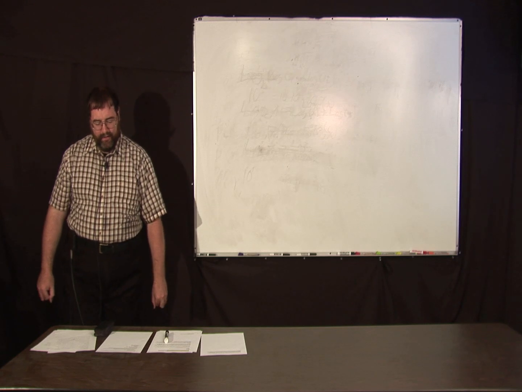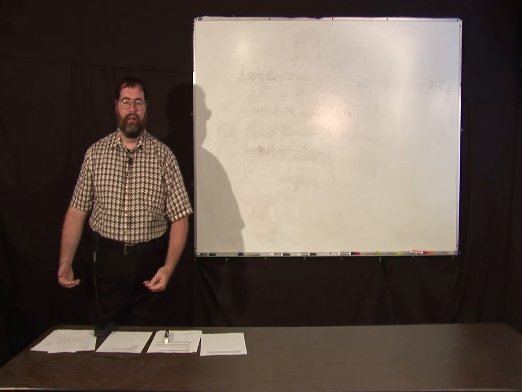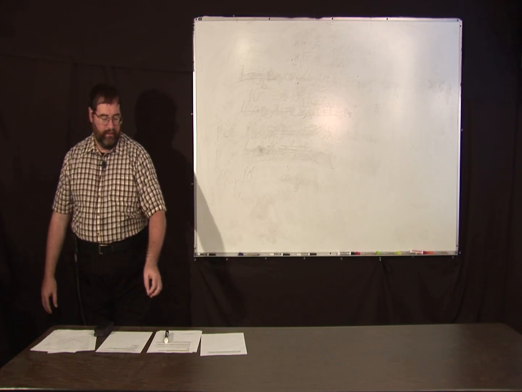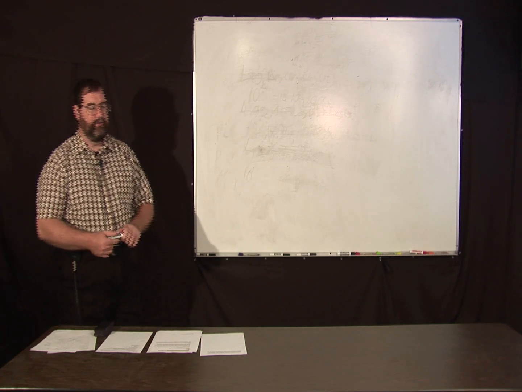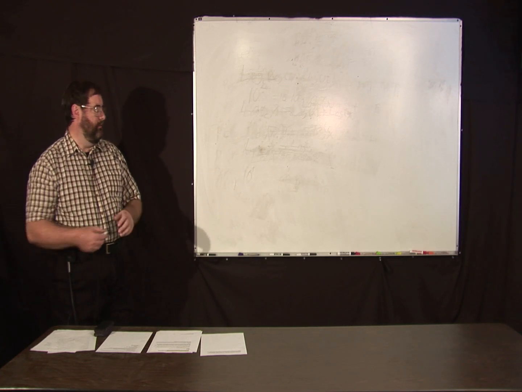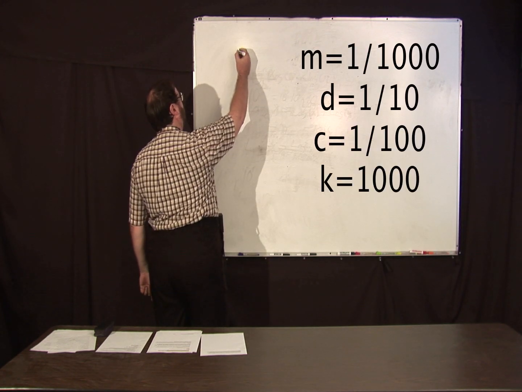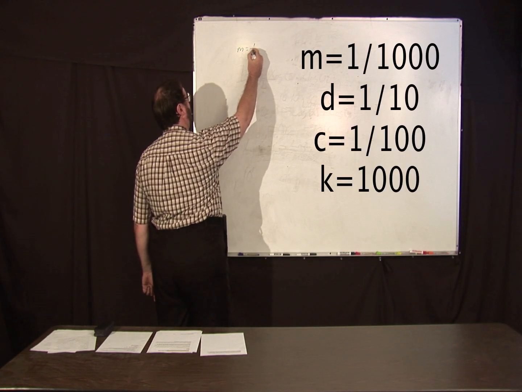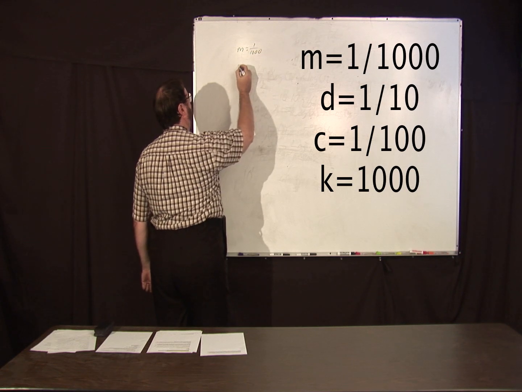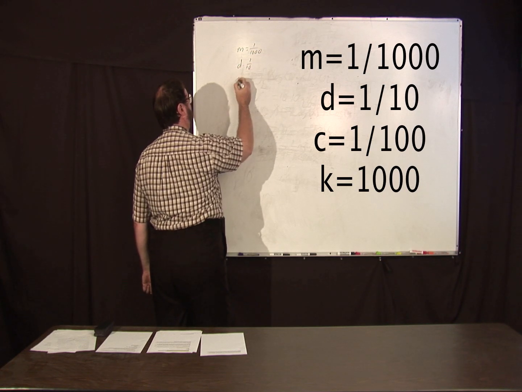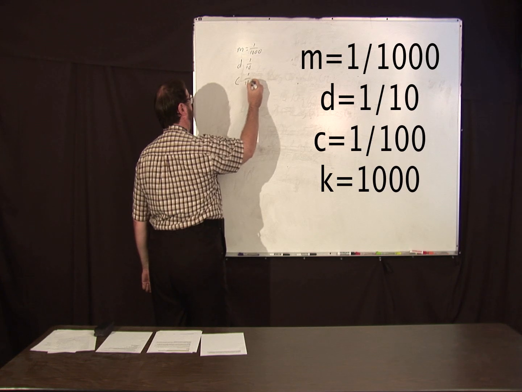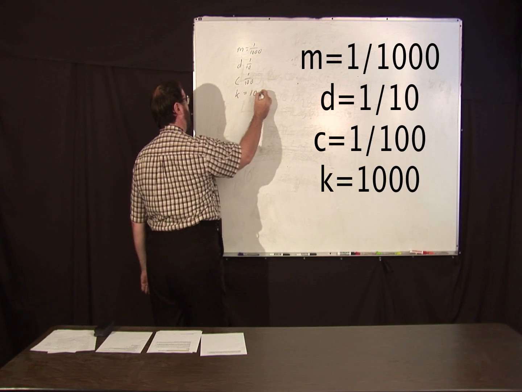Anyway, the decibel is a tenth of a bell. If you know the SI prefixes, you know that m is 1/1000th, d is 1/10th, c is 1/100th, etc. k equals 1000.